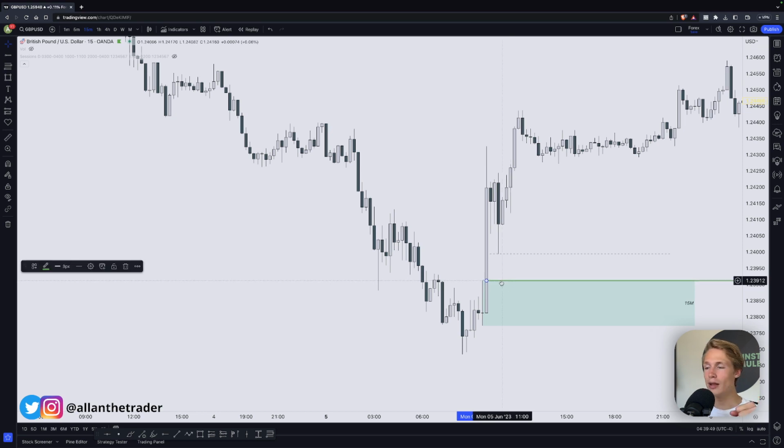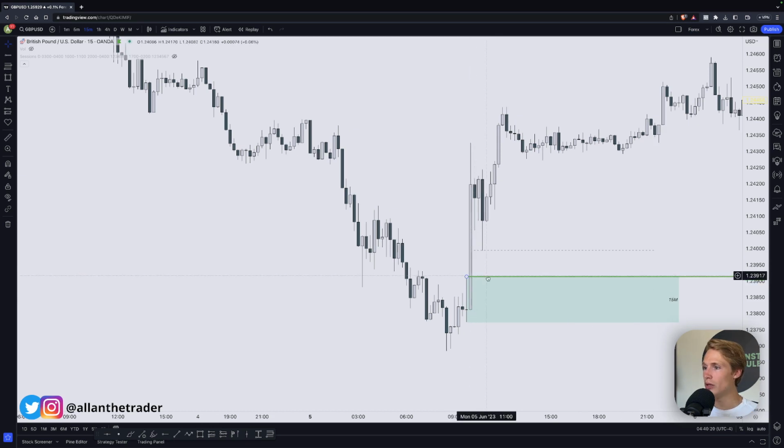So what I recommend, if you're starting out, is to go with an entry on the demand zone because that's more defensive, that's just easier. So place it on the demand zone, and you also don't have to place your stop loss really wide. So this would be your entry. We won't be covering the stop loss because that's just a totally different video. But this video is about how to find entries with a very simple approach to trading SMC.